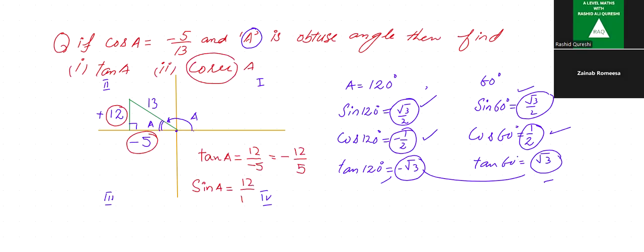And cosecant means the reciprocal of the sine, so cosecant of A becomes 13 by 12, if I'm not wrong. So that's the answer that you have to use.